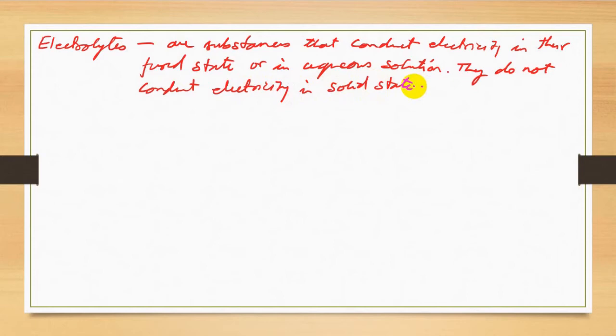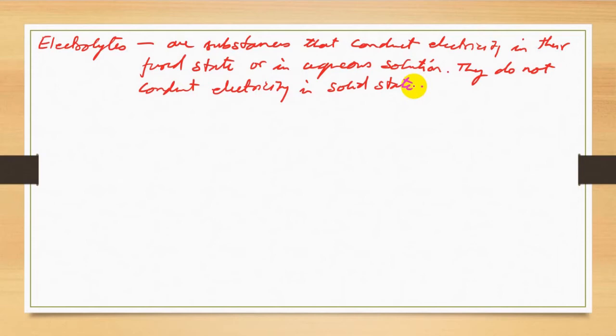So metals are different conductors. They're not electrolytes. Electrolyte means in solid state it won't conduct, but in molten state or in aqueous solution, it will conduct. Clear?